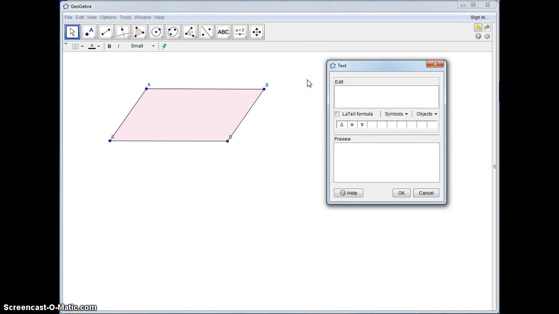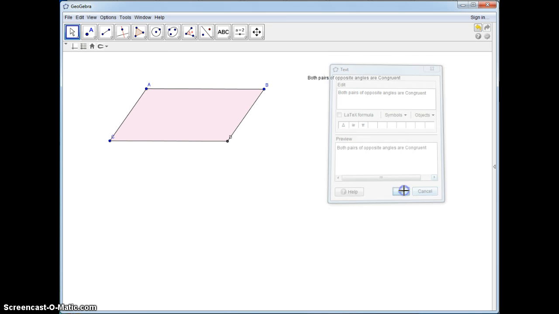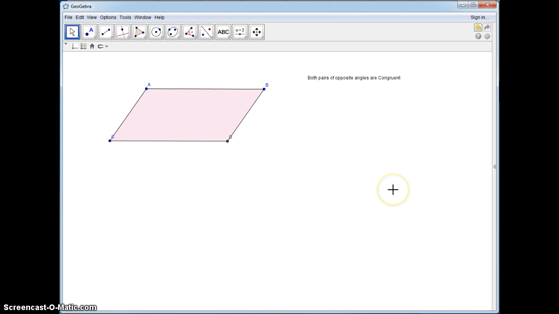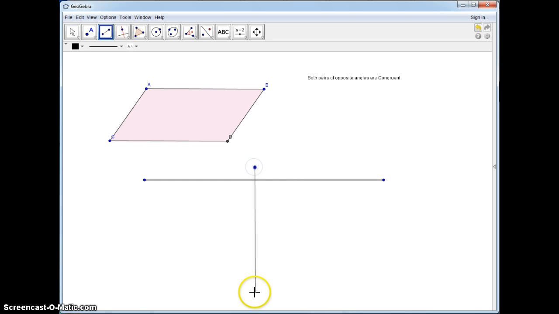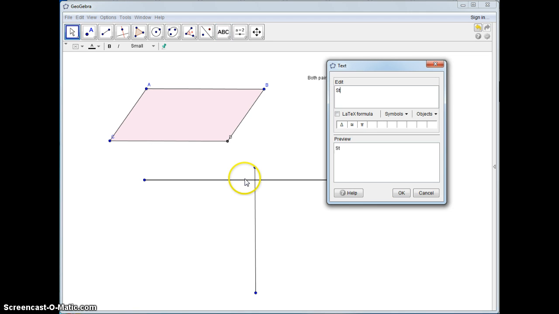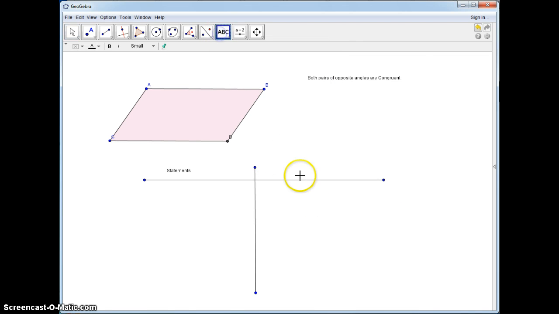Both pairs of opposite angles are congruent. So we're going to prove that in a parallelogram. We're going to do a two-column proof, and let's begin by writing statements and reasons.